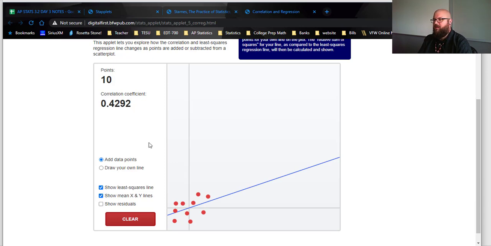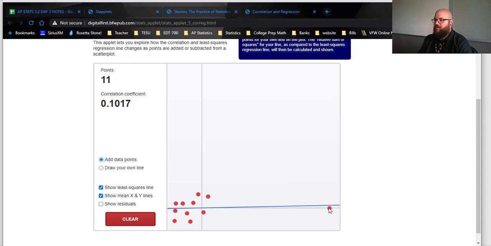Now, to play around with this, what it wants us to do is place a dot way out here on our x-axis, way far away, and see what happens to our least squares regression line. It changes it quite a bit, right?